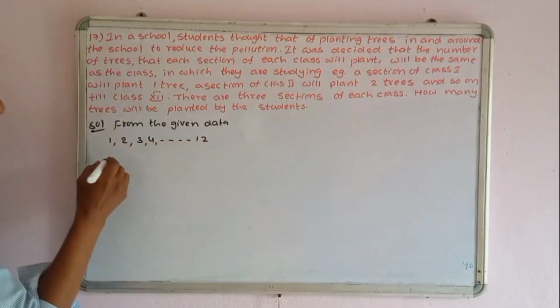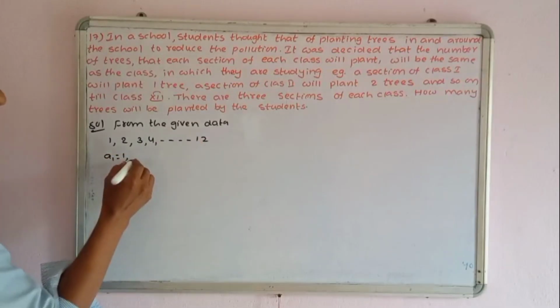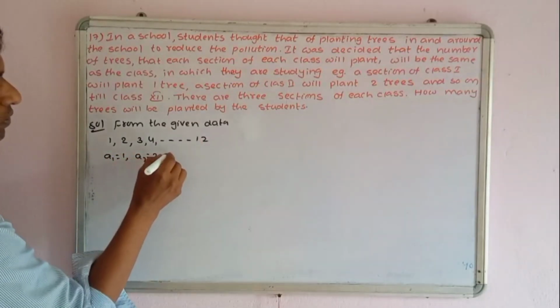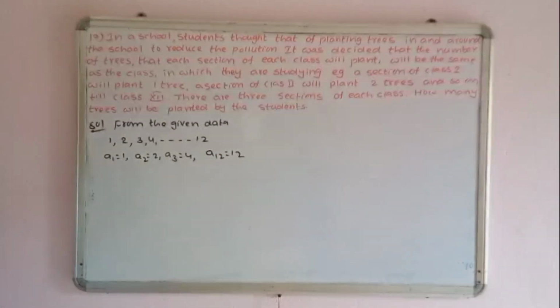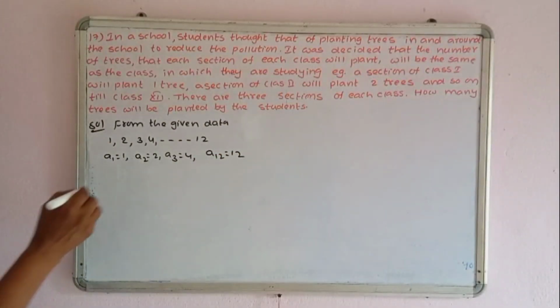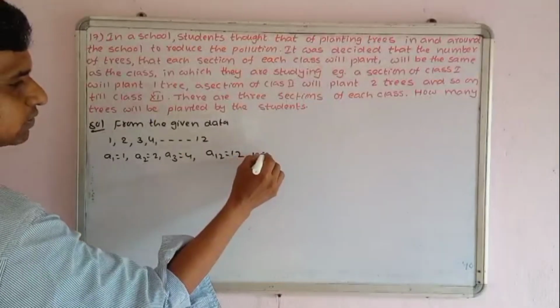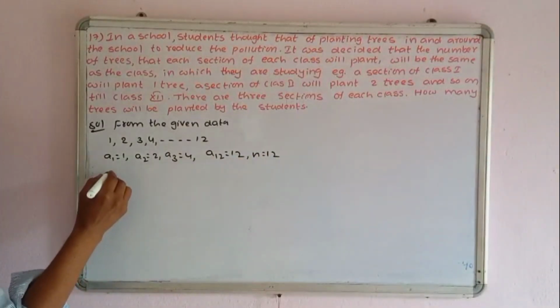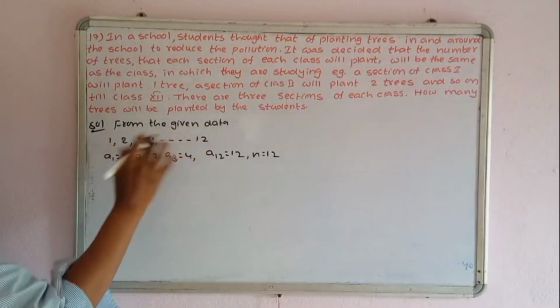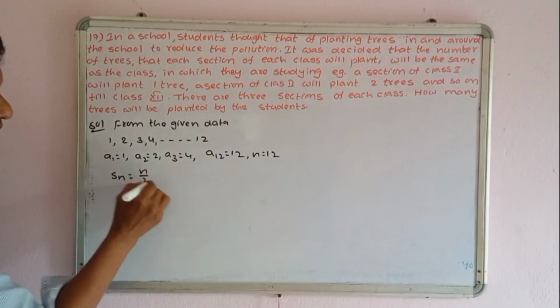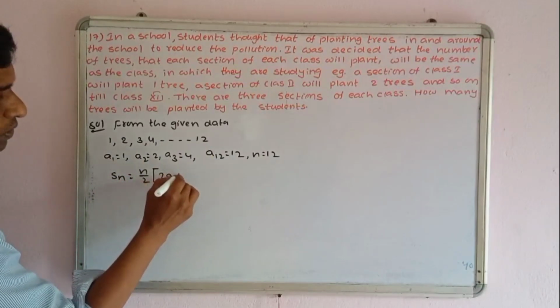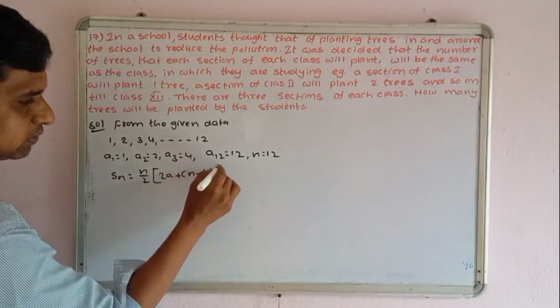Okay, so here A1 equals 1, A2 equals 2, A3 equals 3, A12 equals 12. So here n equals 12. Sum of the trees for all classes, so Sn equals, what is the formula, n by 2 into 2a plus n minus 1 into d.